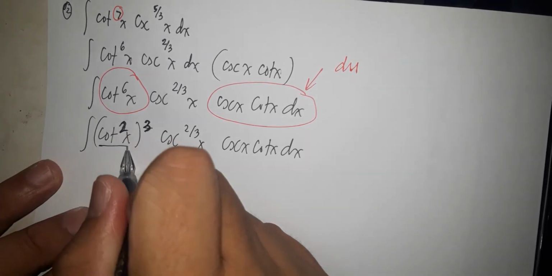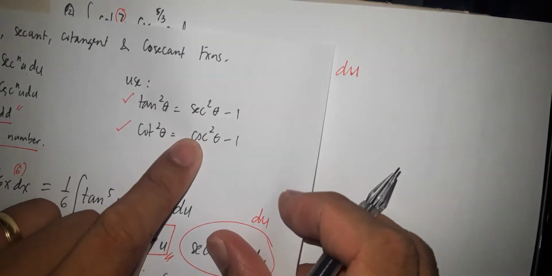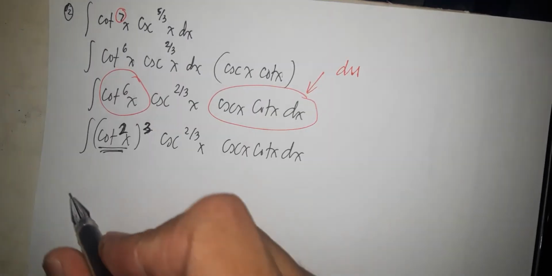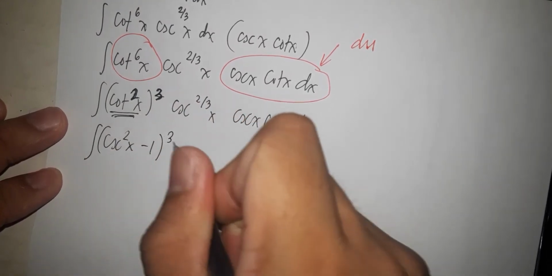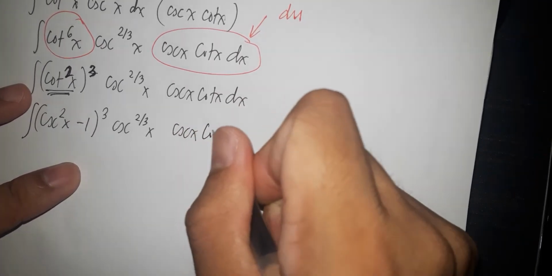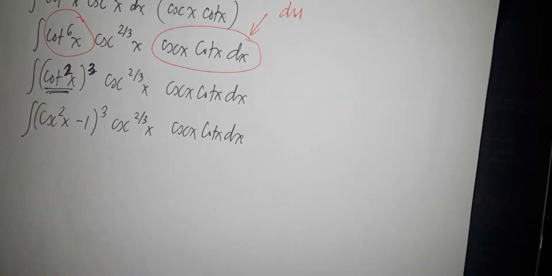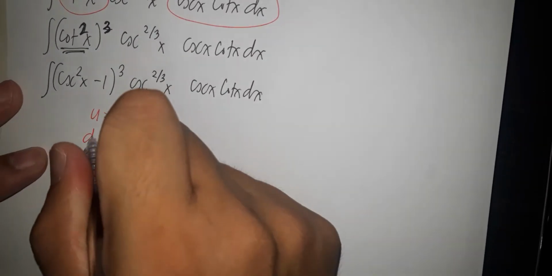Because we will transform cotangent squared x into cosecant squared x minus 1, replacing that gives cosecant square x minus 1 cube, cosecant raised to 2/3 of x, cosecant of x, cotangent of x dx. Let u be equal to cosecant of x.